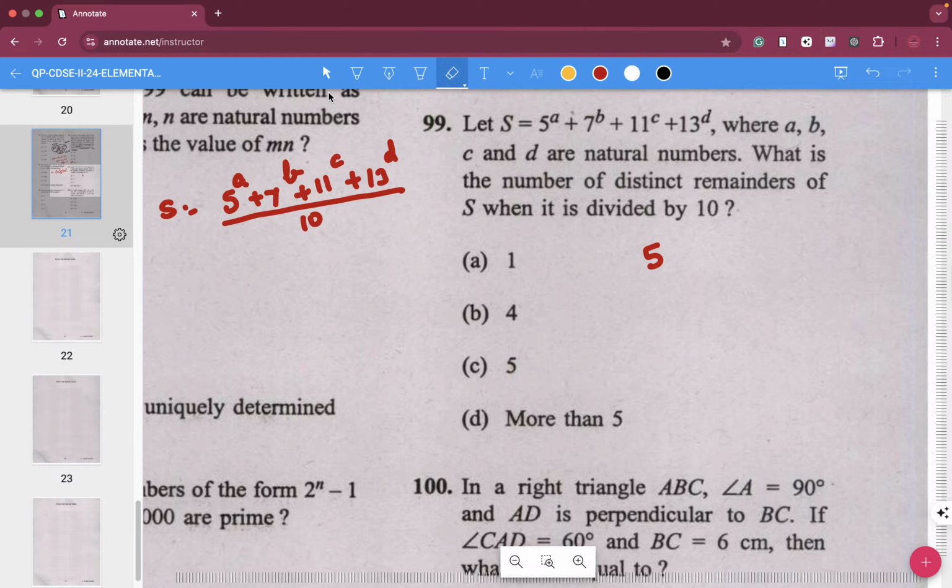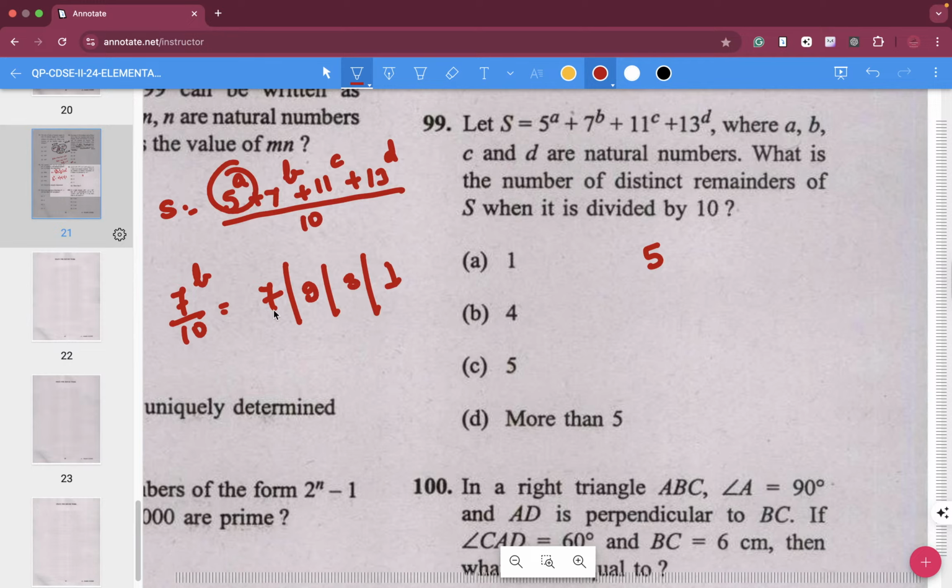Now the second one, 7 raised to the power B divided by 10. If 7 raised to the power 1, the remainder will be 7. 7 square is 49, 7 cube is 343. 7 into 3 is 21, so 1 is also there.